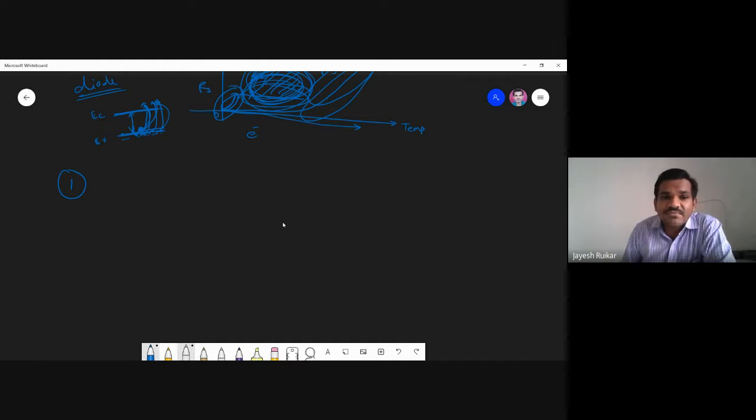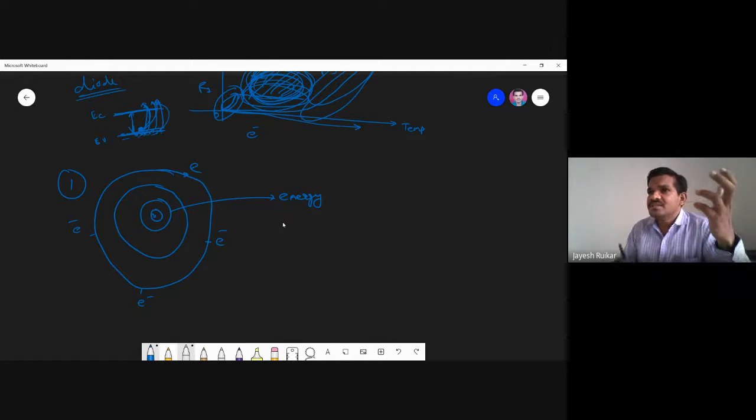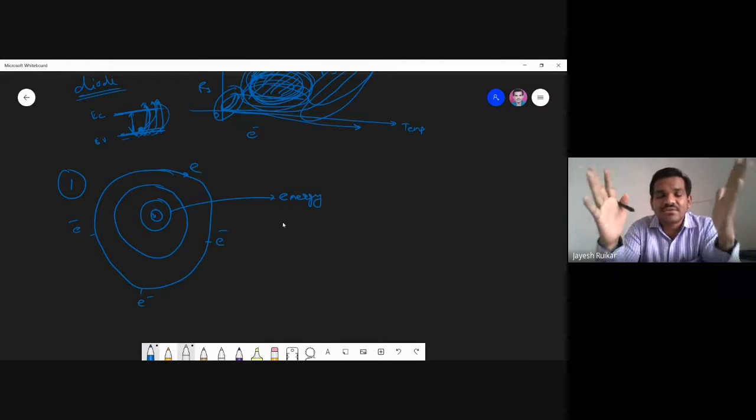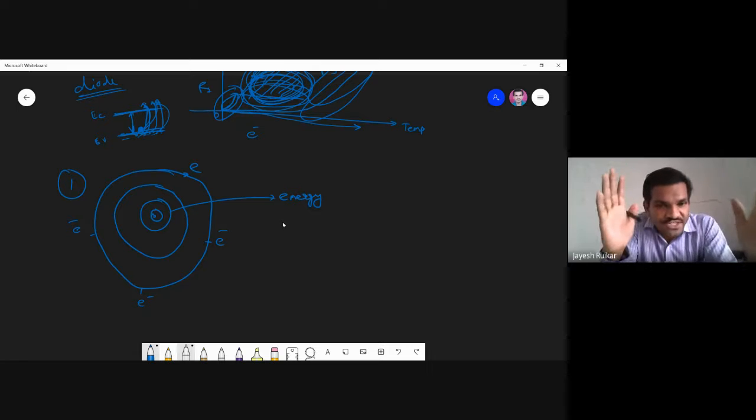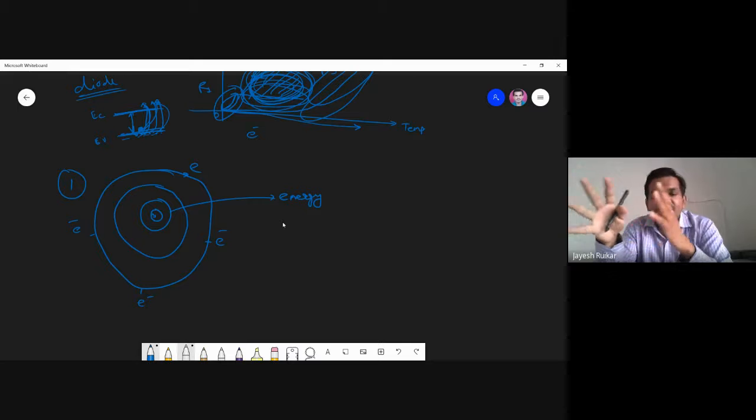I talked about my silicon atom, and these are the revolving orbital electrons, and the 4 valence electrons in its outermost shell. Every shell or every orbit has an energy associated with it.